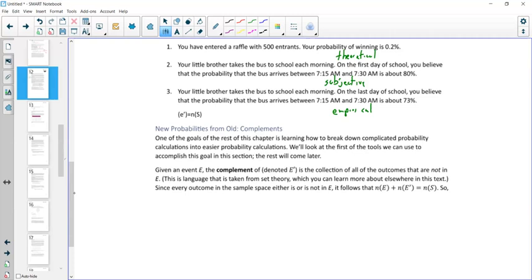This language is taken from set theory, which you can learn more about elsewhere. Since every outcome in a sample space either is or is not in E, it follows that the number of outcomes in E plus the number of outcomes in E complement is equal to the number of outcomes in the sample space.